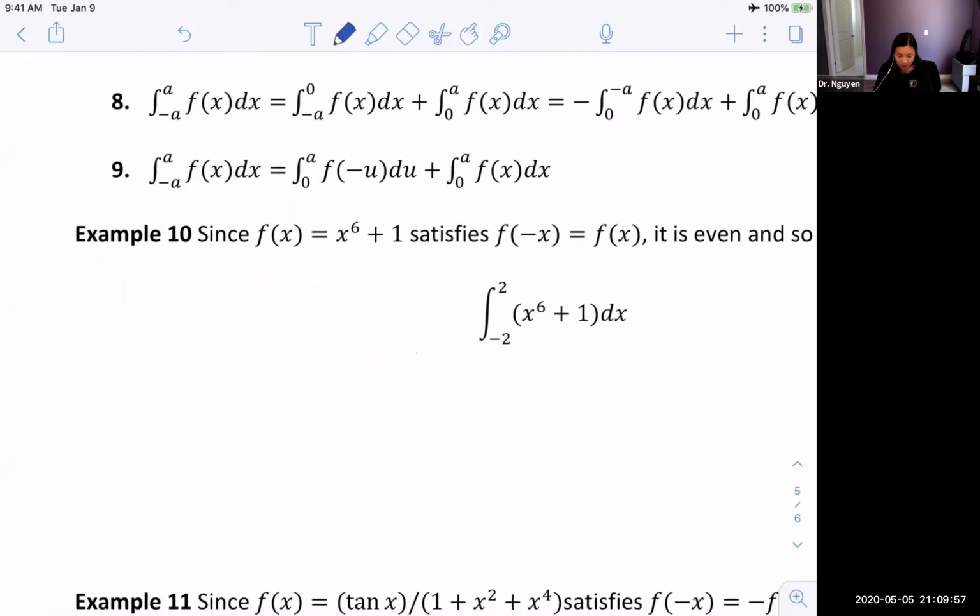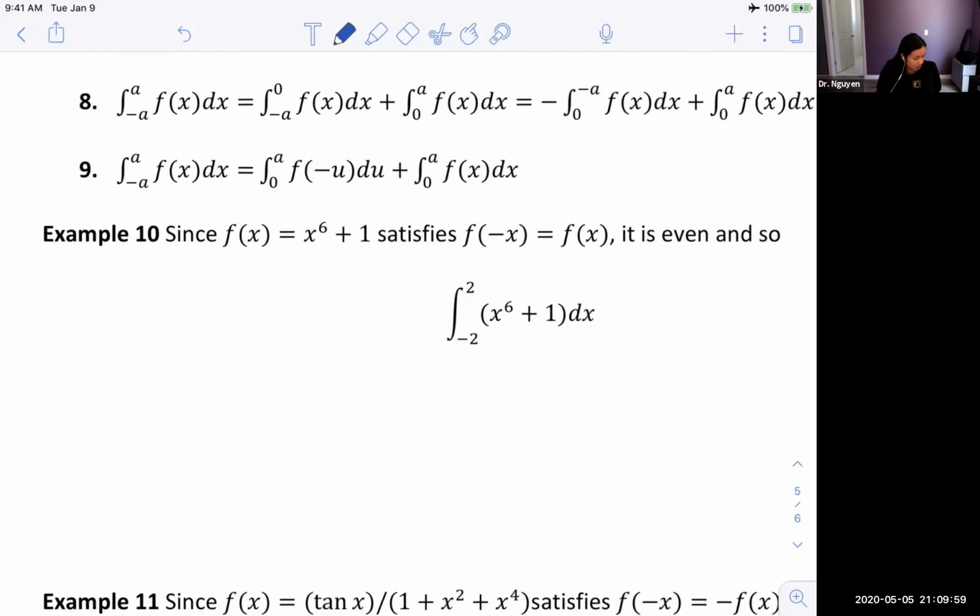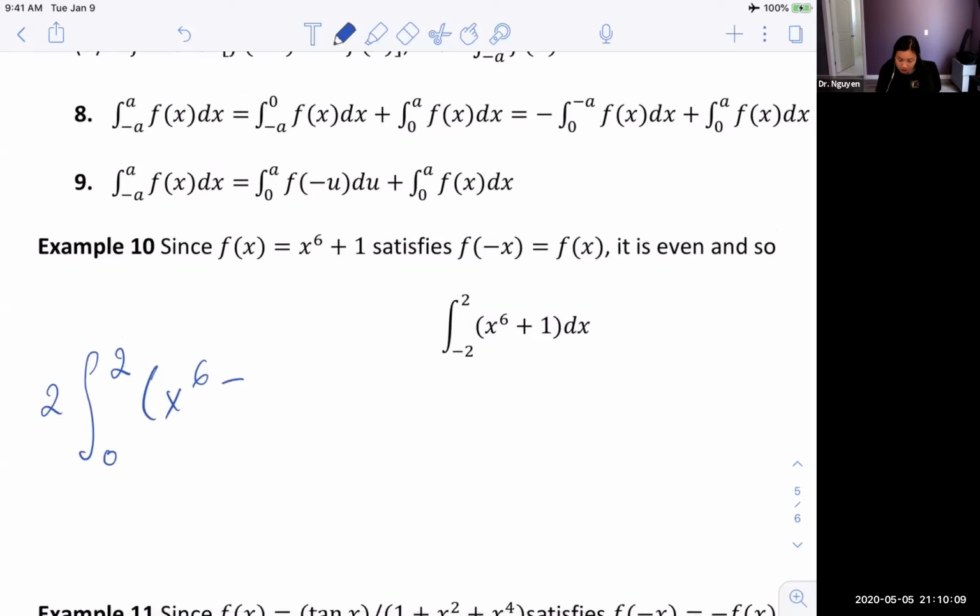So all I have to do is go from 0 to 2, and I double it. Plus 1 dx, right? Yes, so that 2 right there is very important. So I just double it.